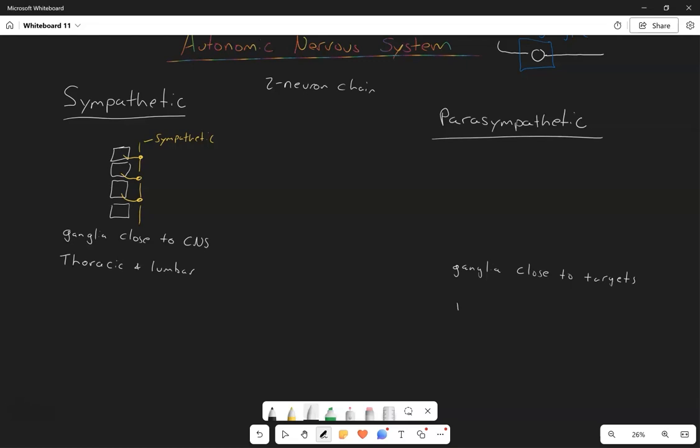For our parasympathetic division, this is the brainstem, remember our pons, and then the sacral regions. So you have thoracic and lumbar for sympathetic, and brainstem and sacral regions for parasympathetic.